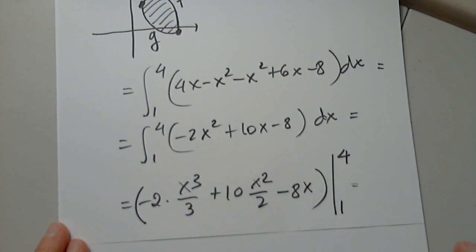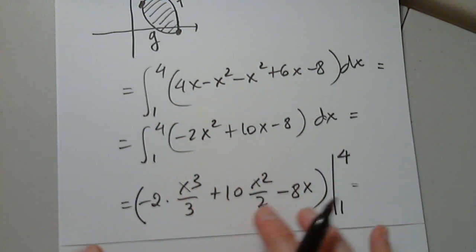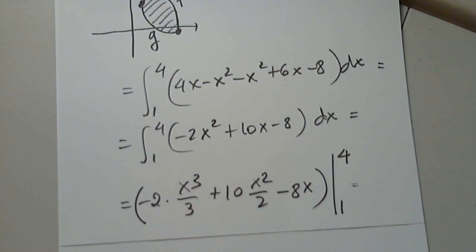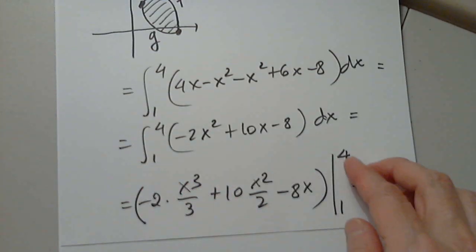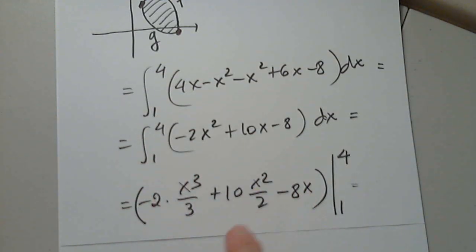Now, do you want me to show all the numerical calculations, or can I use the calculator and get the number? If you want me to, I'll show step by step. I have to plug in 4 here, here, and here, and then subtract when I plug in 1.